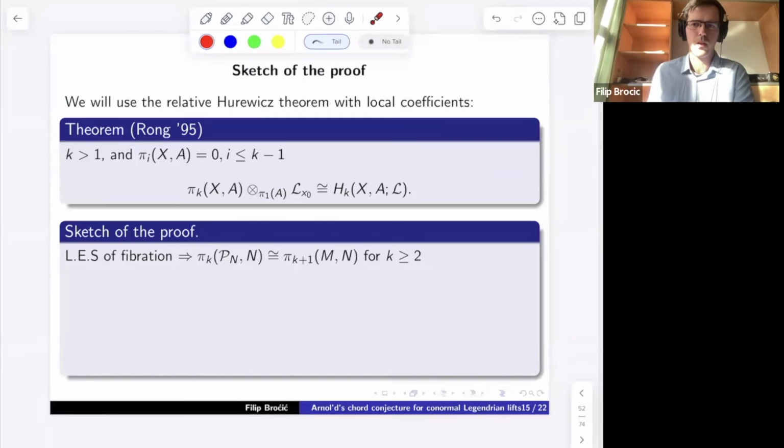One of the ingredients is the relative Hurewicz theorem with local coefficients.